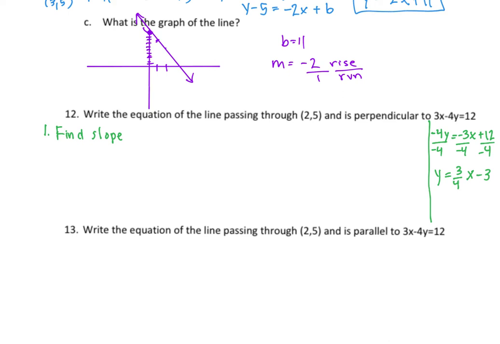So the line that we are given has a slope of 3/4. Okay, but we're not looking at the line we're given. We're trying to find the slope of the line that's perpendicular to the line given. So the slope that is perpendicular to 3/4 would be -4/3, the negative reciprocal.